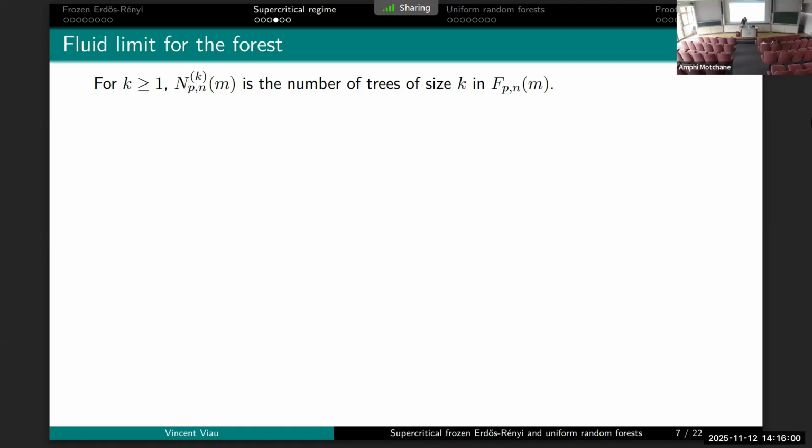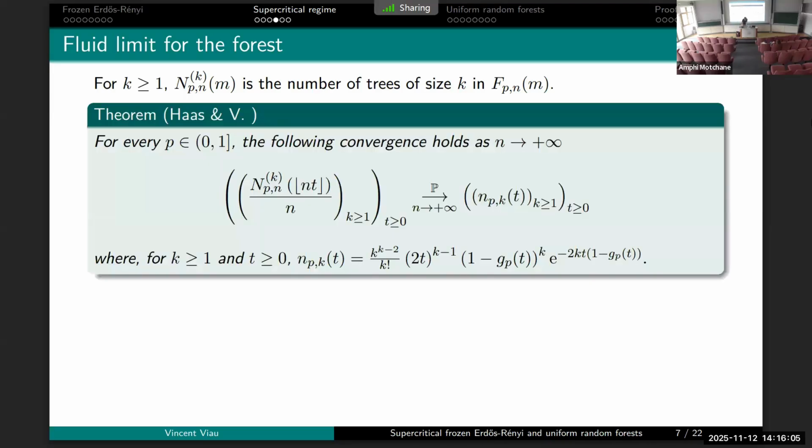What we get as a corollary is a theorem, which is again a bit obscure at first. So we have a fluid limit result for the sequence of number of trees of any given size, converging to some deterministic functions in the limit, which are completely explicit.